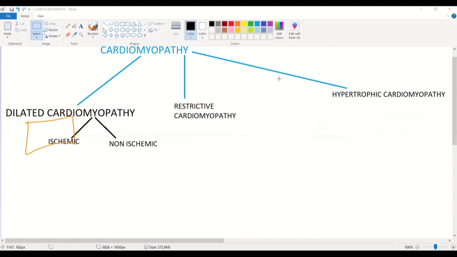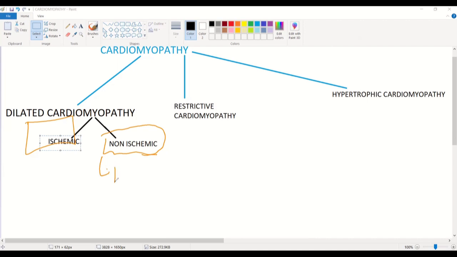So the dilated cardiomyopathy, most common cause is ischemia, myocardial infarction. Okay. Now the non-ischemic causes. Can anybody tell me what is the familial cause of the dilated cardiomyopathy? Which mutation? Mutation of the TTN gene. Okay, TTN gene mutation.